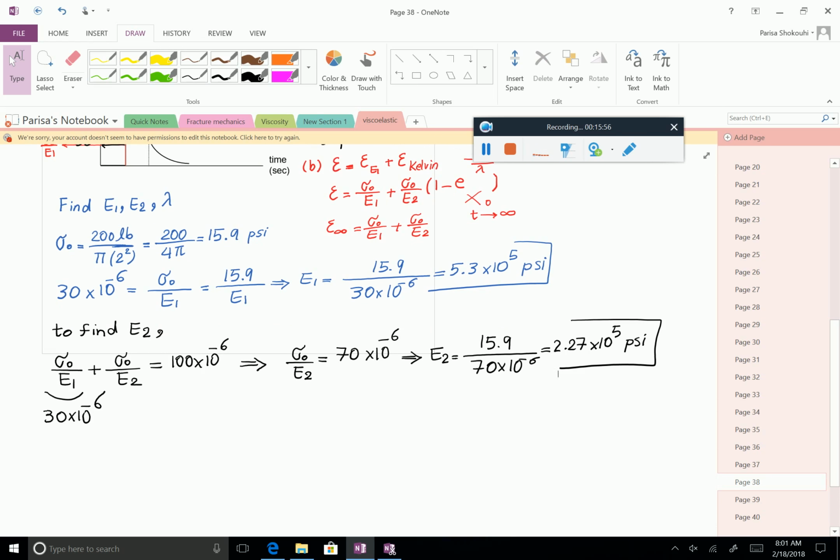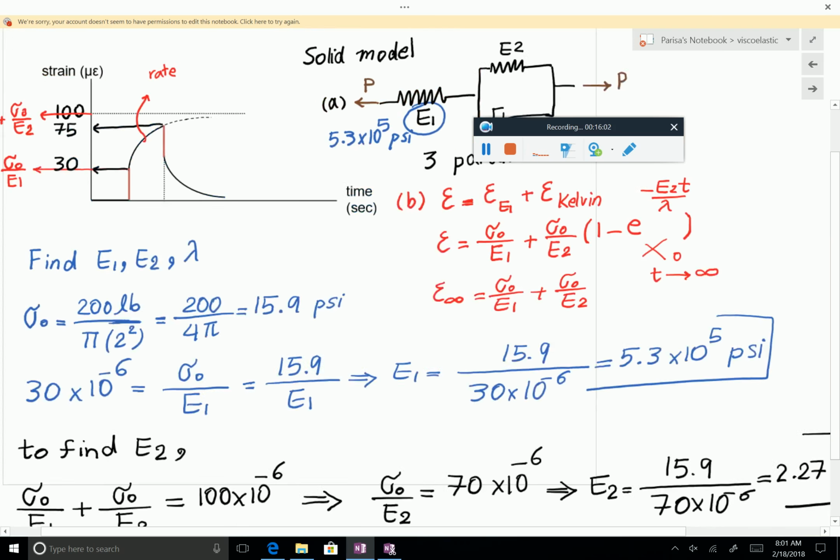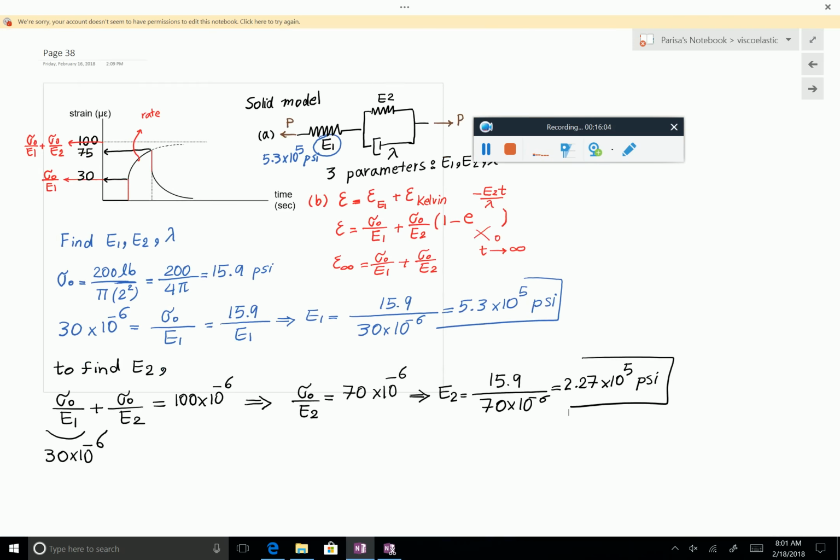So now the only parameter that we are left to find is lambda. So let's look back. We are finding the parameters, which are E1, E2, and lambda. We found E1 from the instantaneous initial deformation. We find E2 from the asymptotic deformation, and now it's lambda.